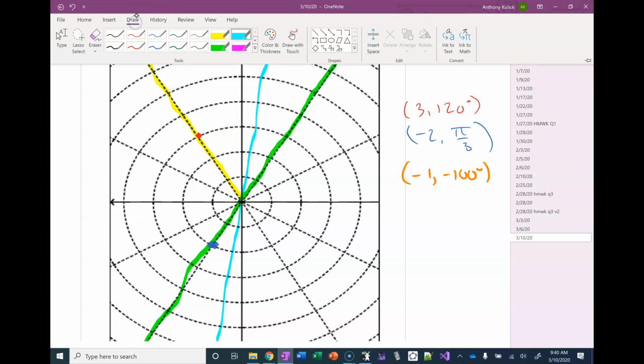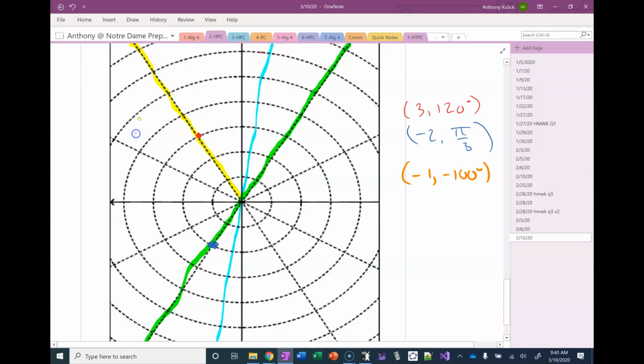And then I'm going and finding my point on the unit circle in the negative direction. Oh no, wait a minute.